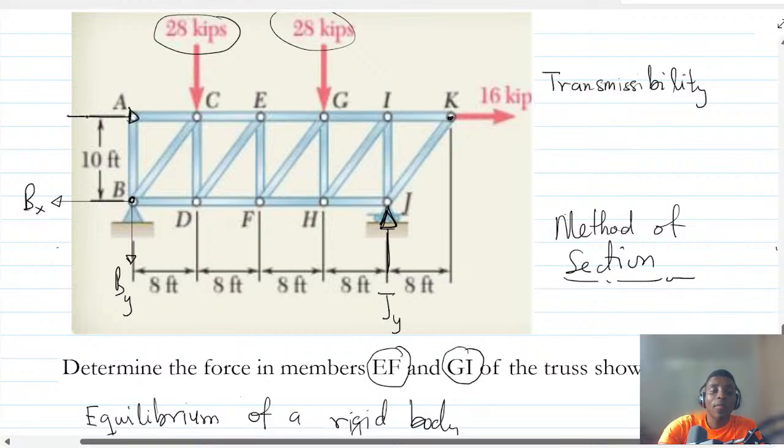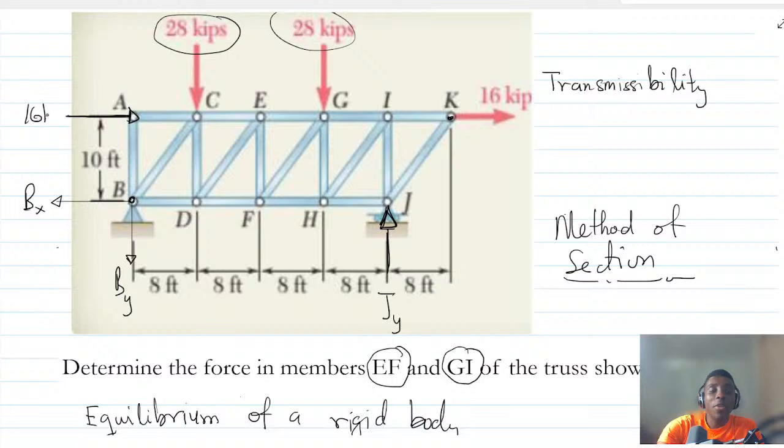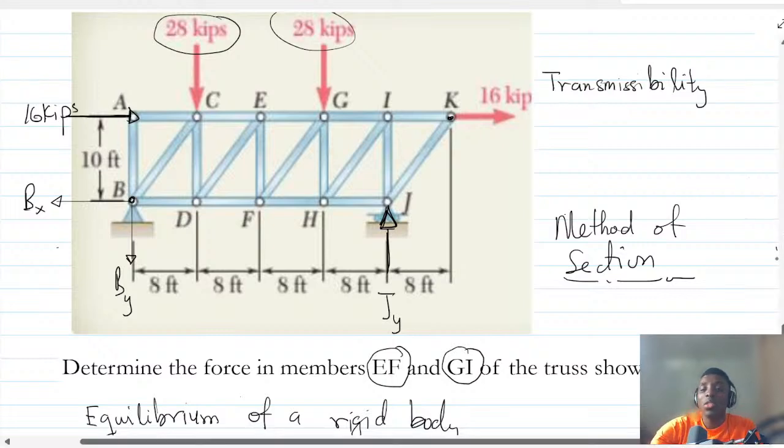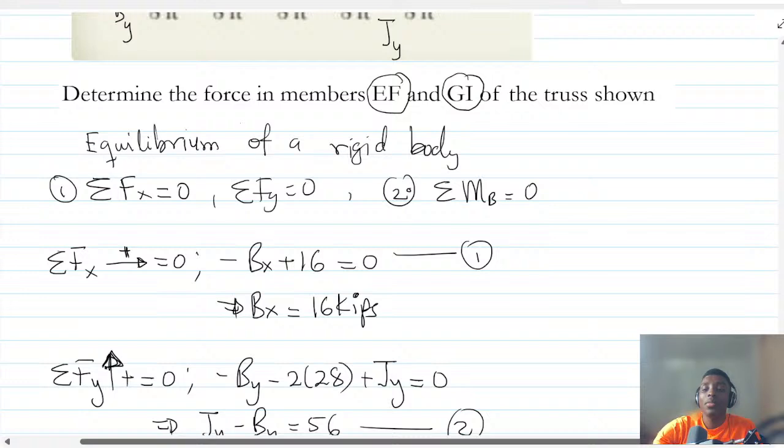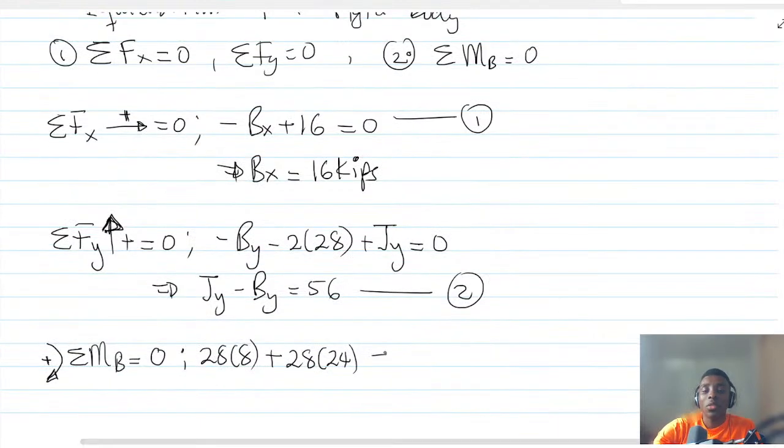I can even bring the 16 kip here. The distance from A to B is 10, which means that the moment arm for the 16 kip is 10. So plus 16 times 10.